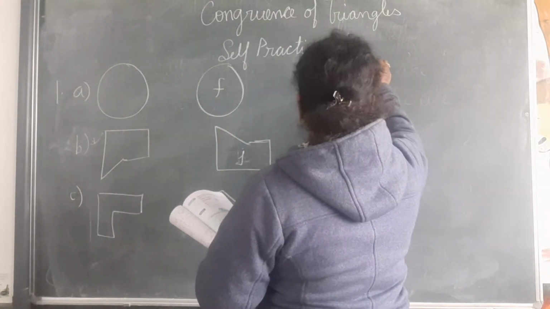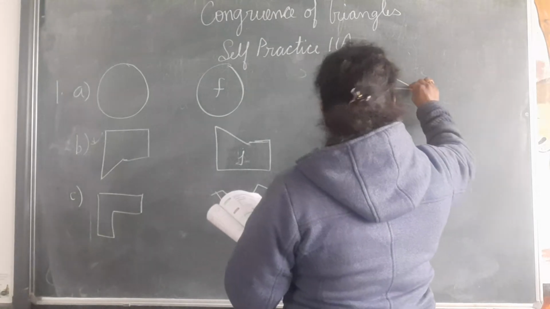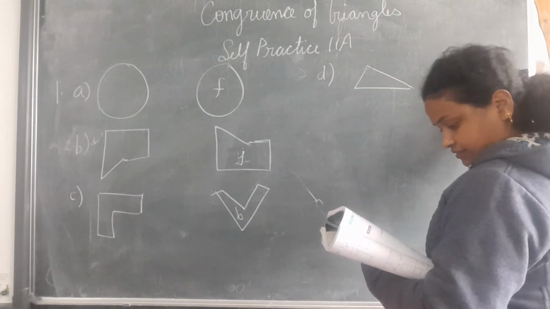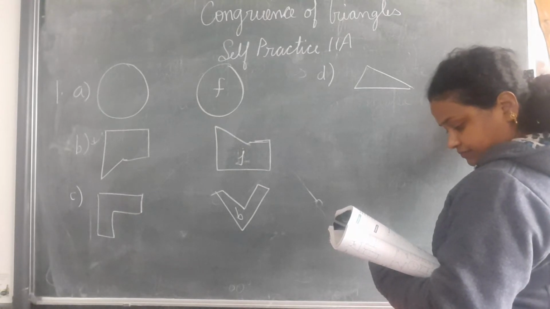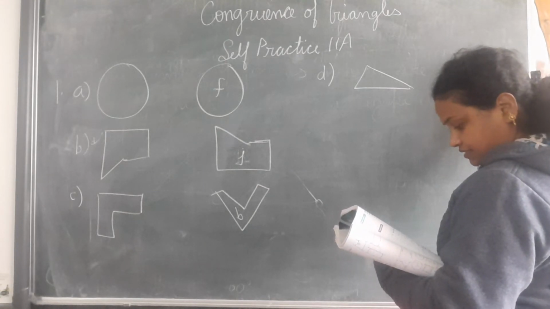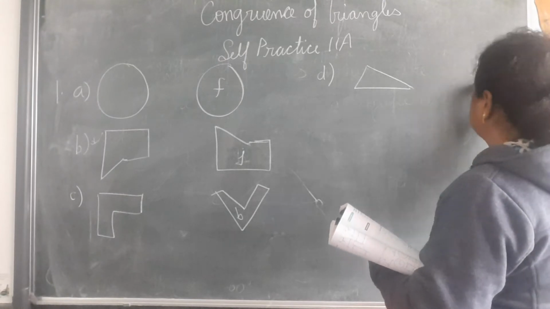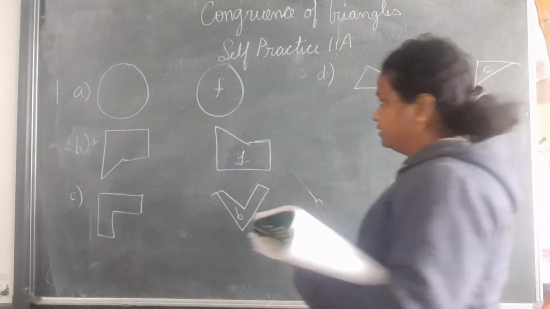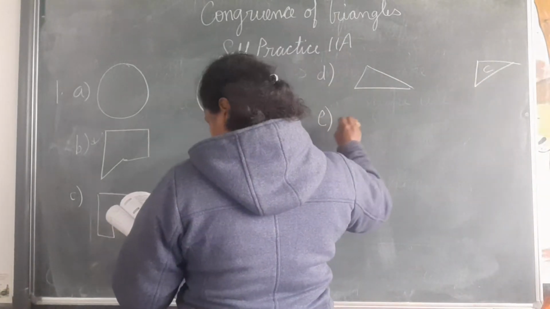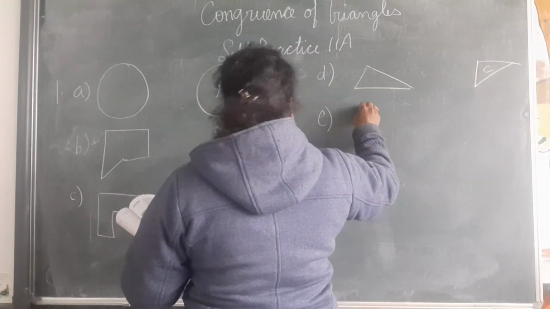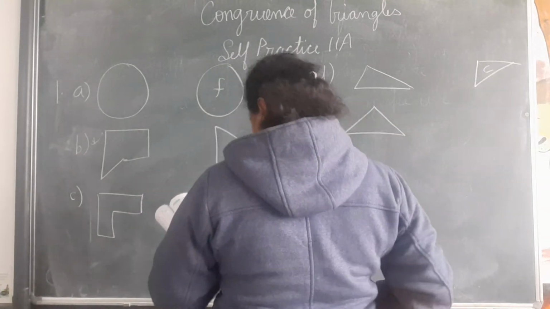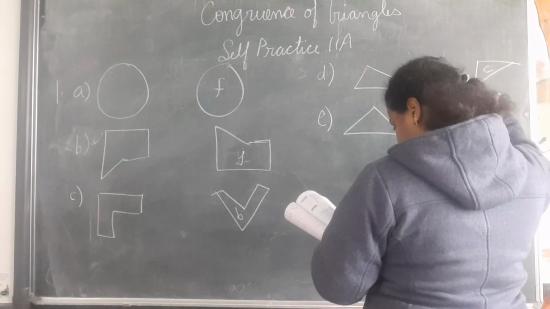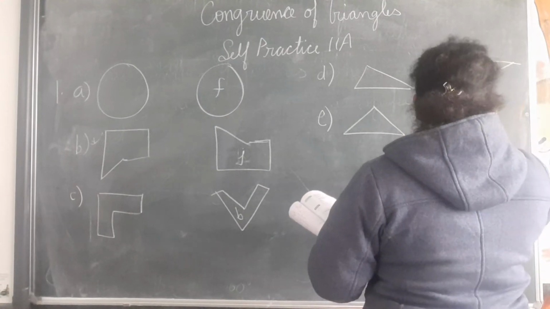Now see the D part. A scalene triangle is drawn, and here you see C1. Same way, see the E part. The E part is also a triangle, and here you get E1, which is drawn like this.